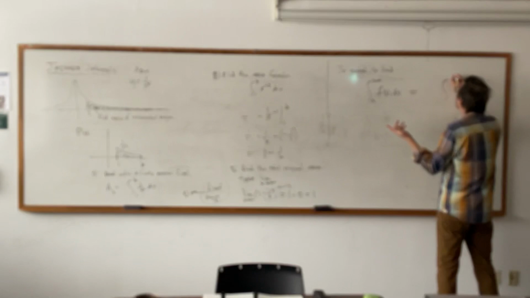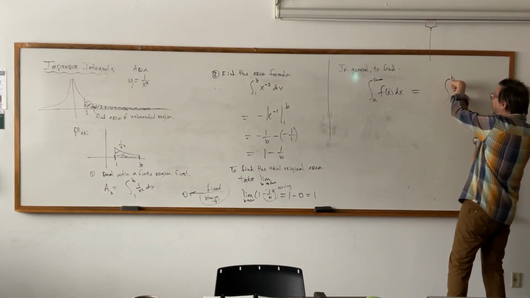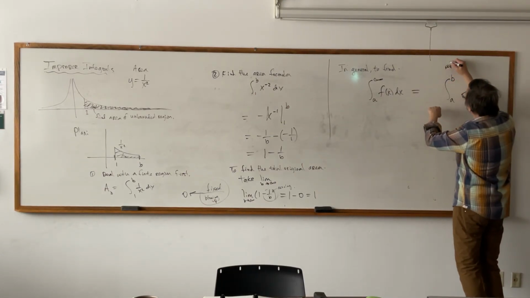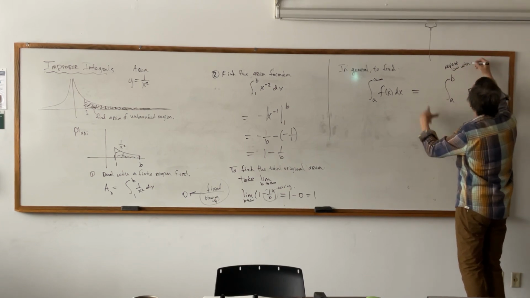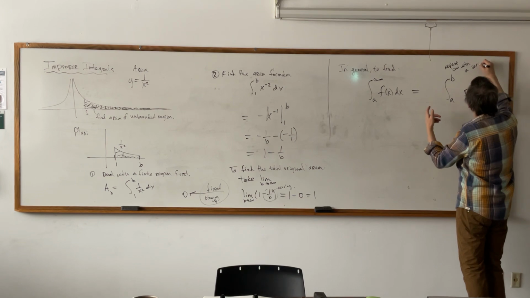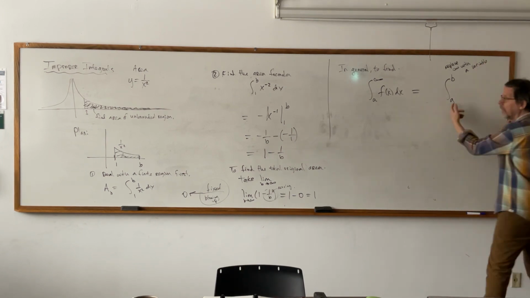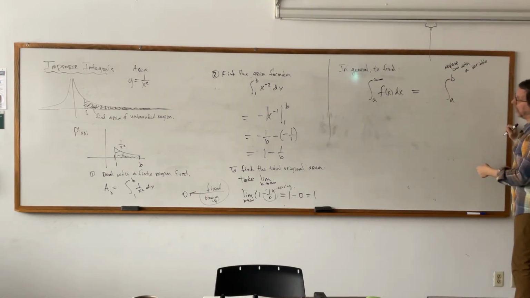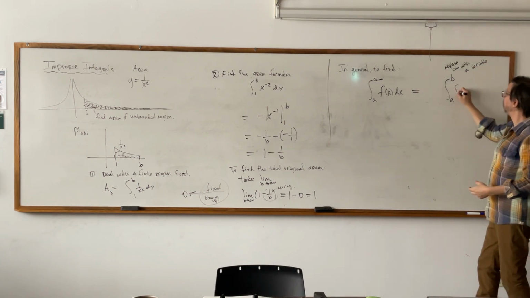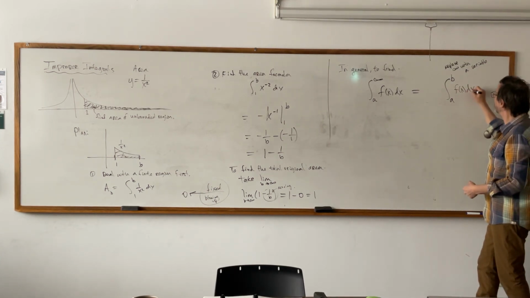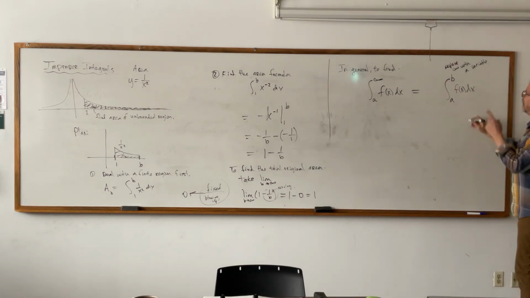Step 1 is replace the infinity with a variable. I'm going to use b here just because I used a for the bottom and b is the classic on-top thing.